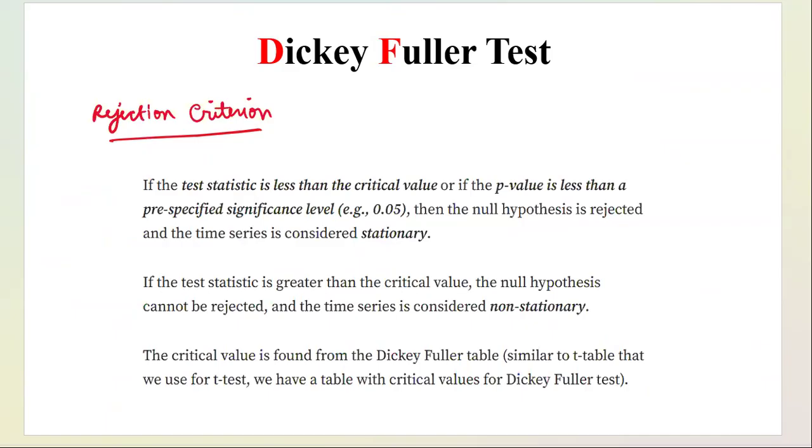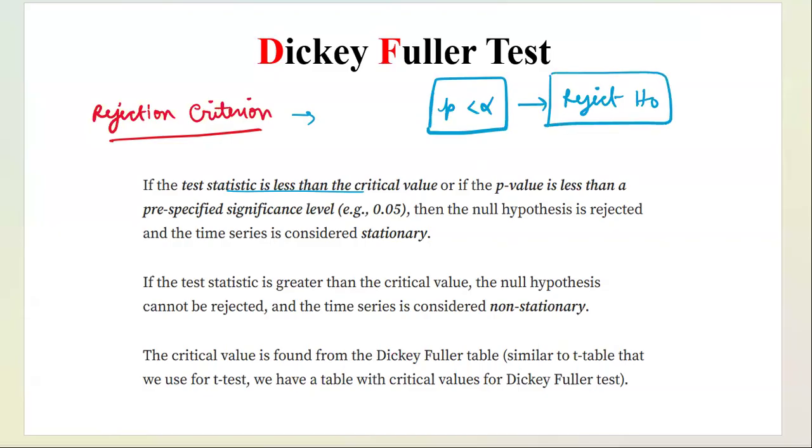And the rejection criterion: if the test statistic is less than the critical value or the p-value is less than alpha, we reject the null hypothesis. Remember this, this is the thumb rule for every hypothesis testing that you do.